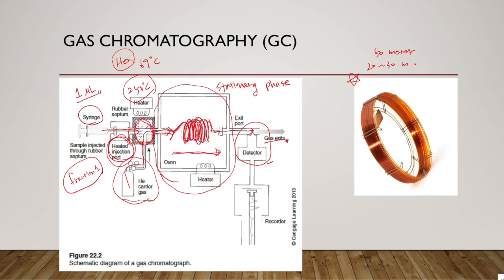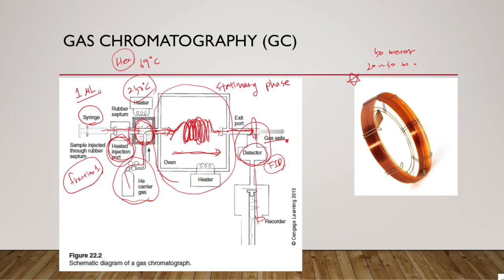The detector we have here is called an FID detector. You don't really have to know this, but it's called the flame ionization detector. There's a flame that ionizes all the components, and that's how the detector sends signals to the computer. And we will end up obtaining a chromatogram.